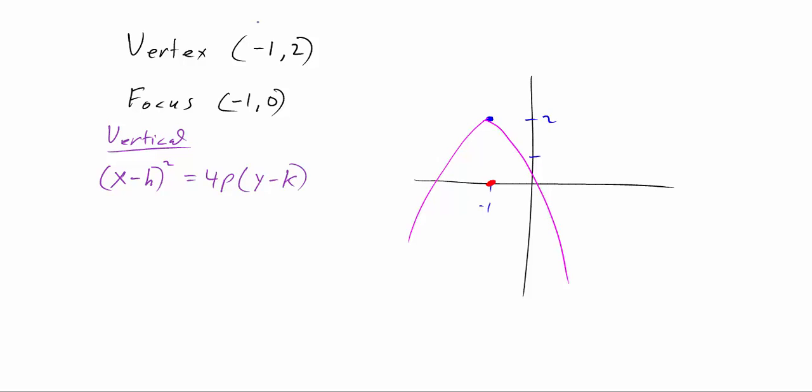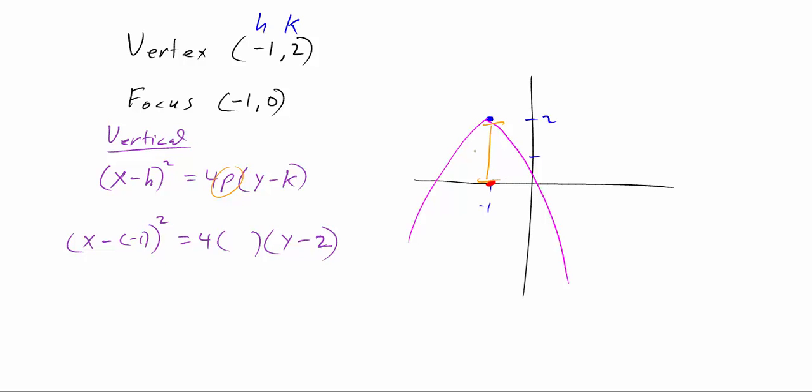So once again, we still have the h and k as the vertex, so that's -1 and +2. So we can easily substitute that in where we would have x minus a -1 squared, 4 times our p value, and then y minus our k value, which is 2. And now we want to find the value of p, and that's going to be, again, the distance from the vertex to the focus.